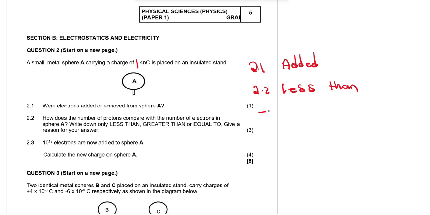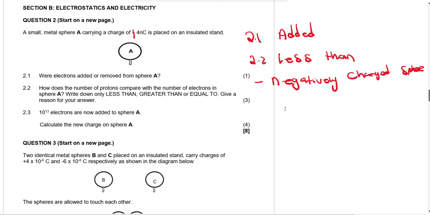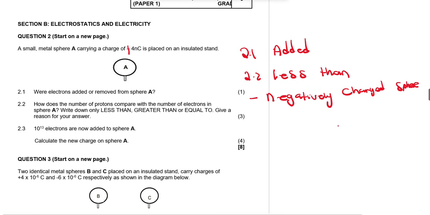And then my reason is that this is a negatively charged sphere. That is my first reason. For a negatively charged sphere, protons will be less than electrons.